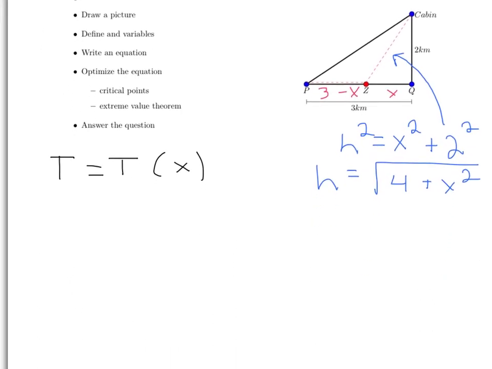So what we actually use in this case is distance equals rate times time. So we're just going to write this as d equals rt. And I know in our case, time is what we're interested in, so time is equal to distance over rate.